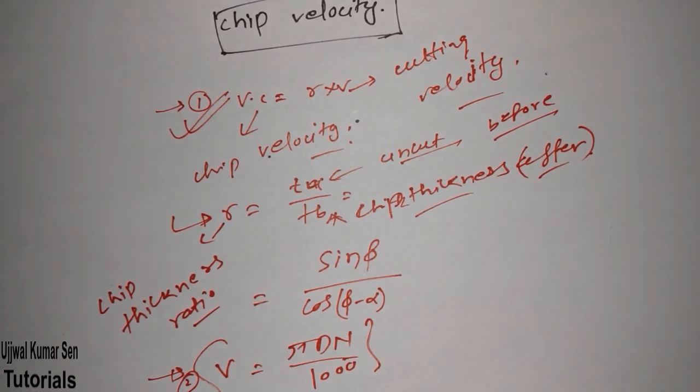So we need to know the formulas first, and what elements we have used in the formula, and what their units are. Once we know the units and elements used in the formula, things become quite easier for us to find the answer. So this is how you can solve problems.